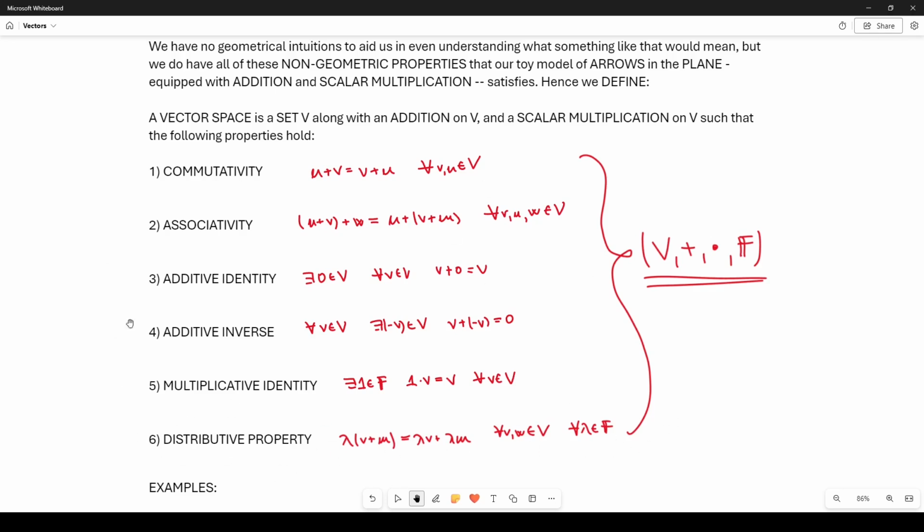So these are all the properties we saw our toy model exhibit when we defined it the way we did and provided addition and multiplication. So now we treat any set V that has some operation, addition, and some form of multiplication. If it exhibits these properties, then we consider it a vector space.